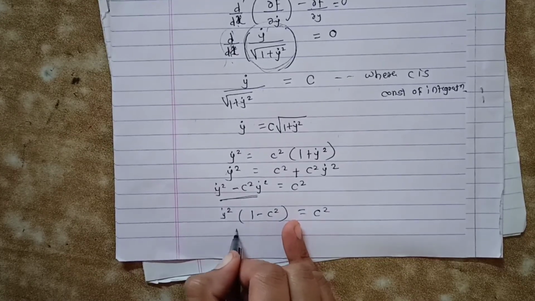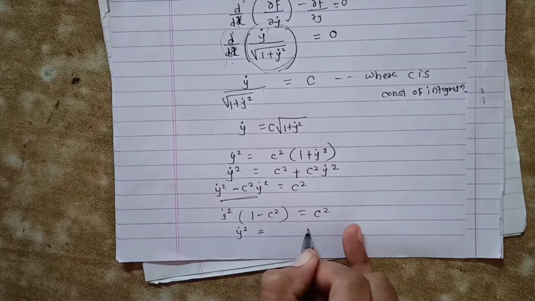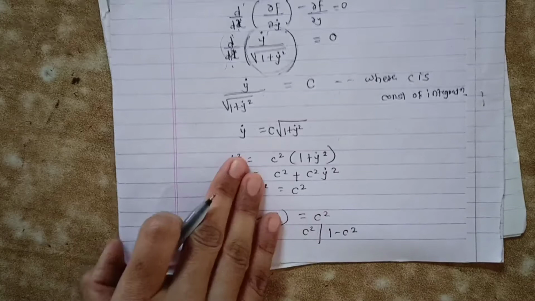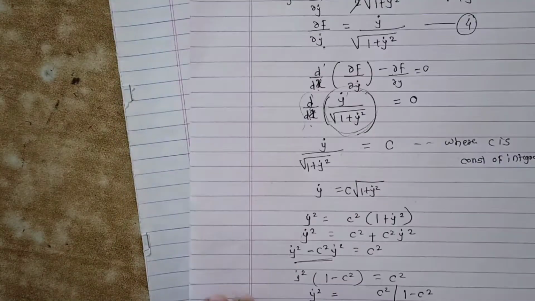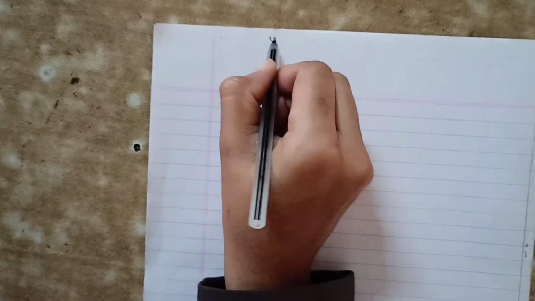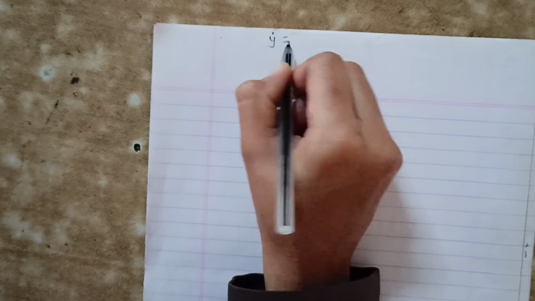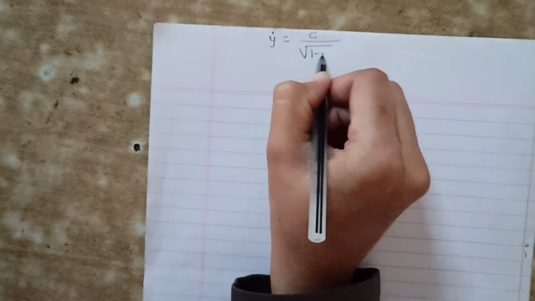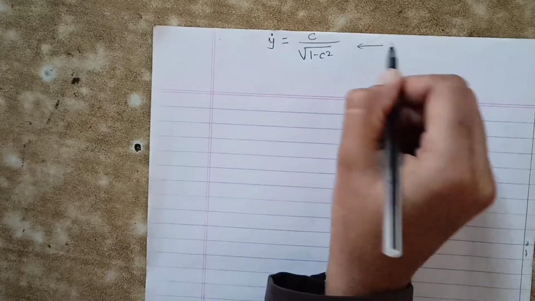Now y′ square is equal to c square divided by 1 minus c square. Now we can take the square root on both sides, then we get y′ is equal to c divided by square root of 1 minus c square.